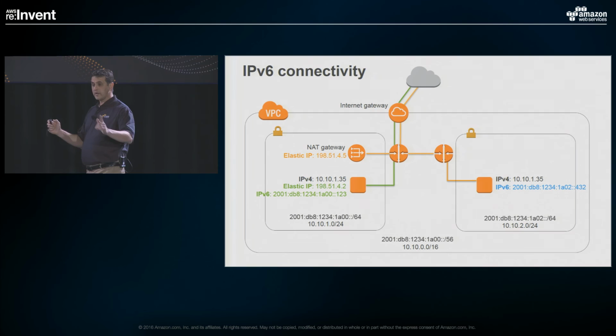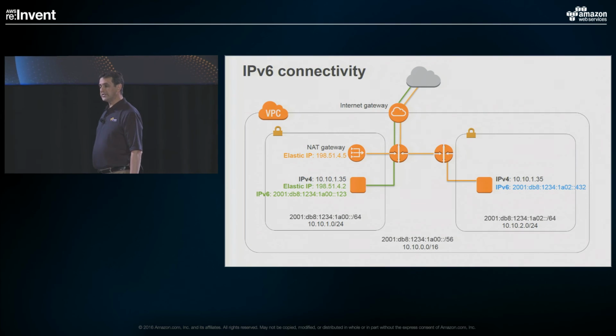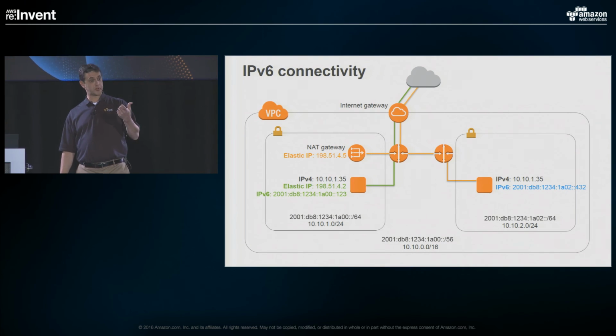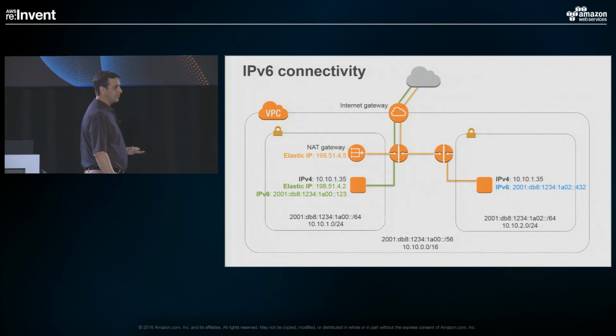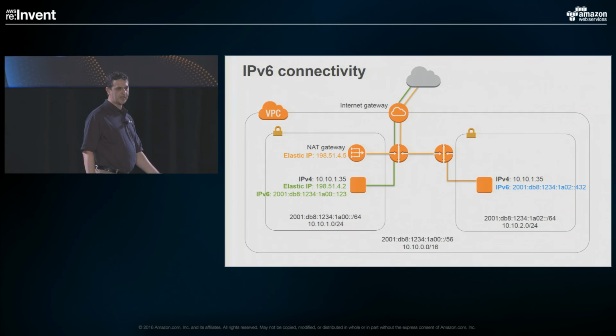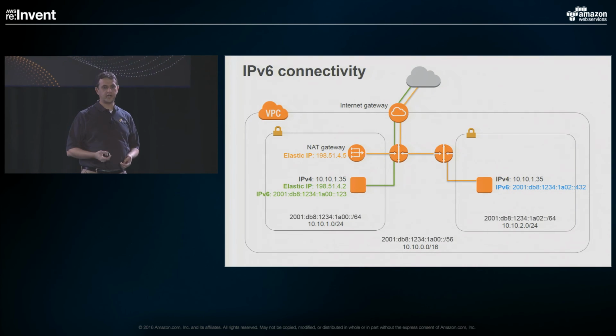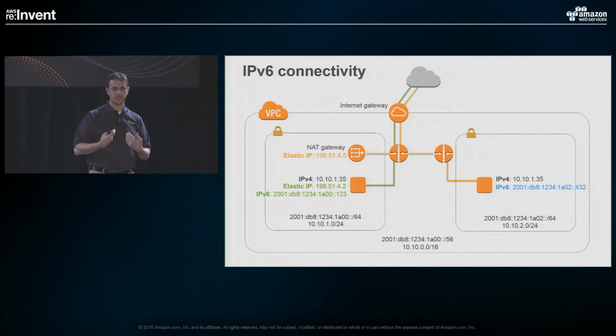Now, the EC2 instances in the private subnet will also get a globally unique IP address. But since there's no IGW associated with the routing table of that subnet, it cannot communicate to the internet, and connections from the internet cannot be initiated into it.